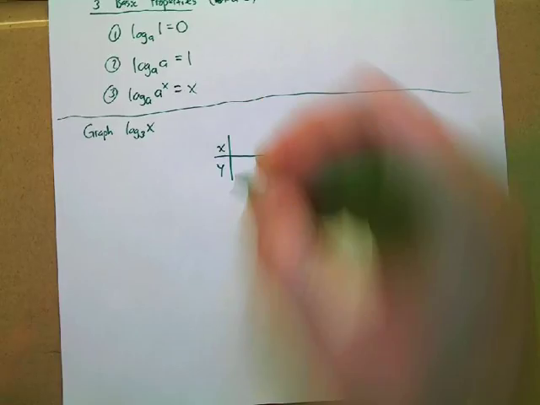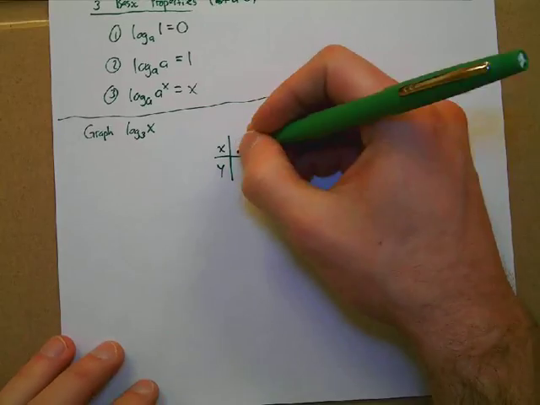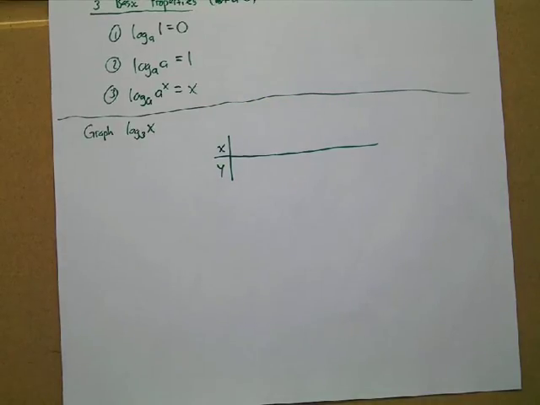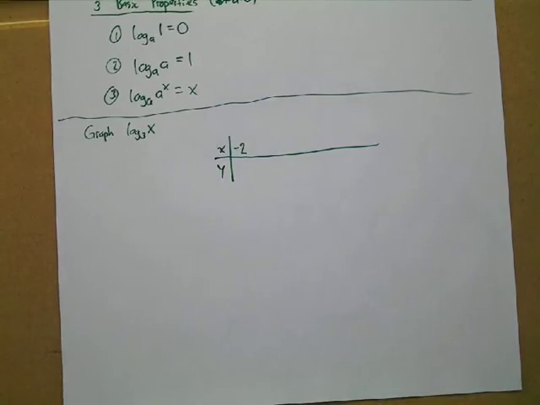And so let's see here. We want to be careful, kind of selective here about some of the x values we pick. For example, let's think about -2. So in other words, I would need to do log base 3 of -2 equals some number over here, and that would be my y value.